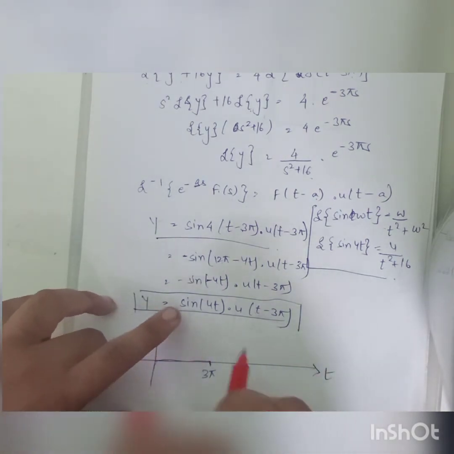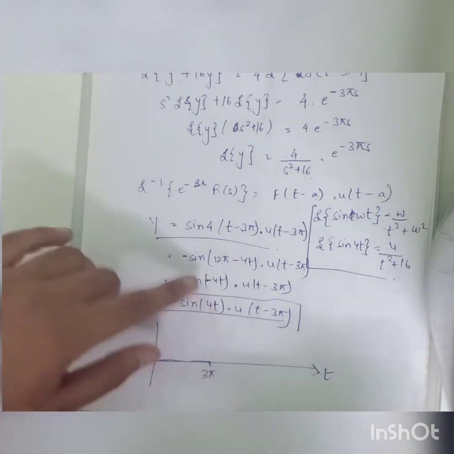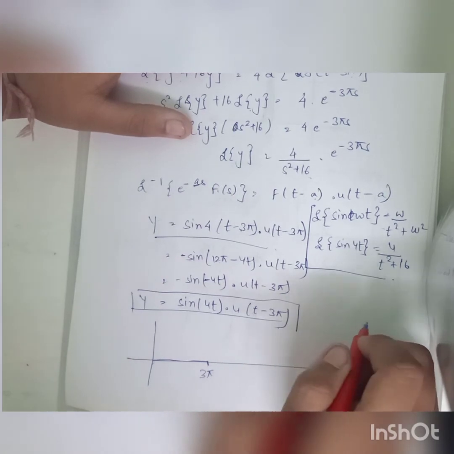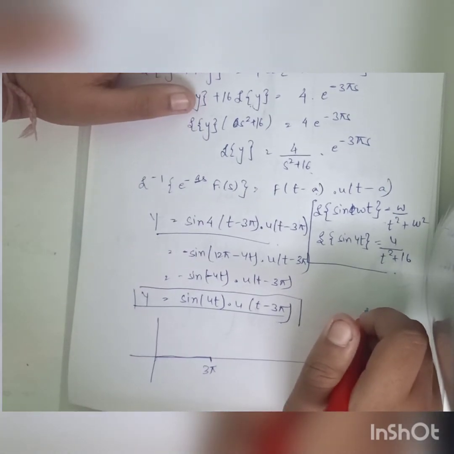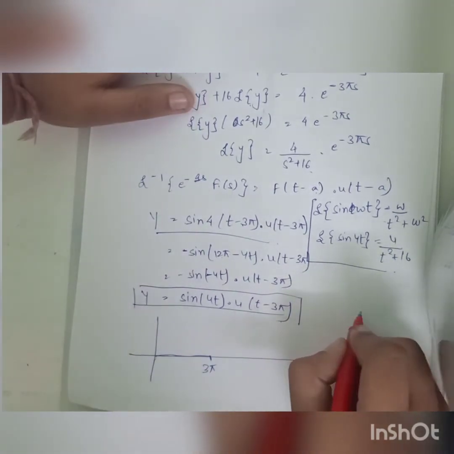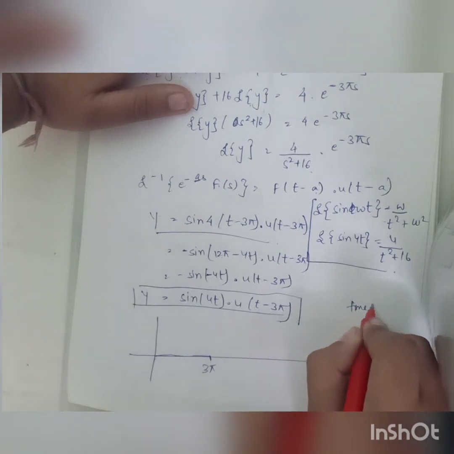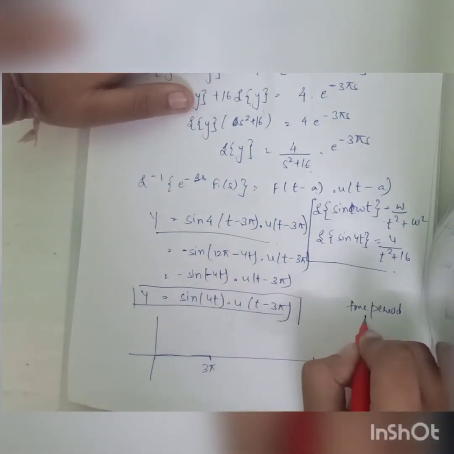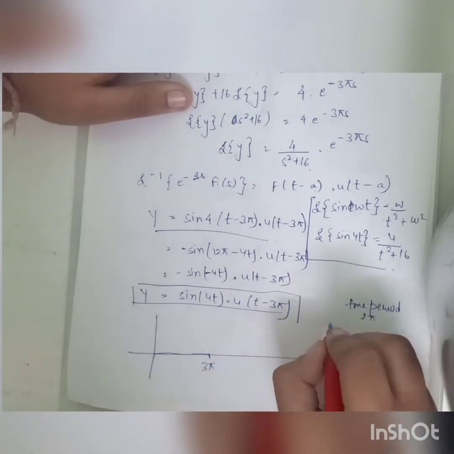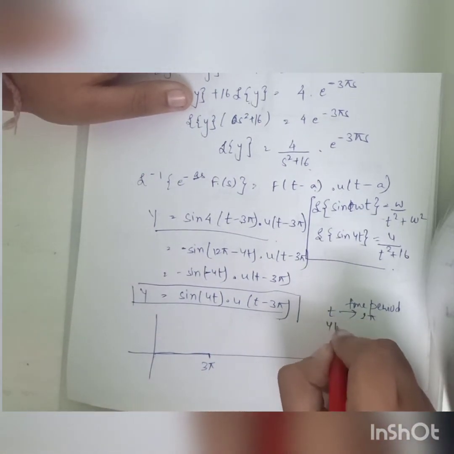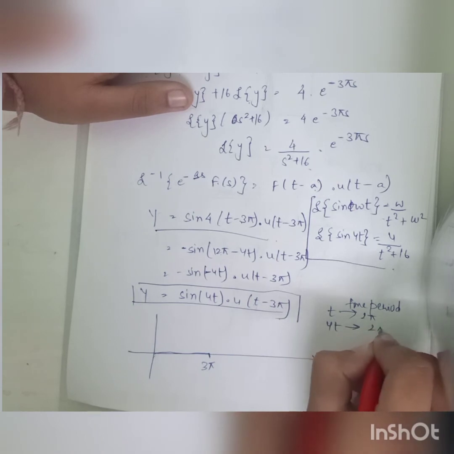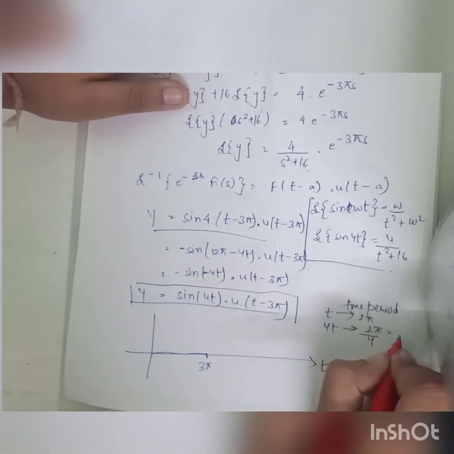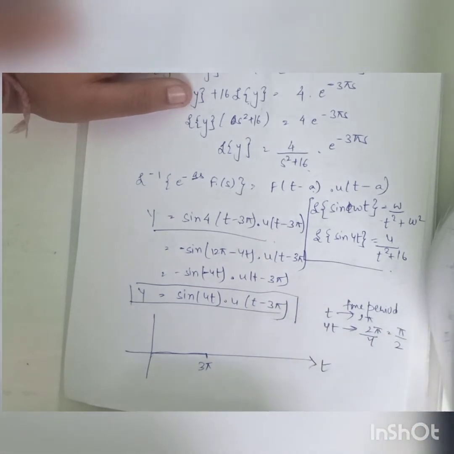After 3 pi, since it is sine 4t and periodic motion, the time period of a sine function is 2 pi for t, so for 4t it will be 2 pi by 4, which is pi by 2.